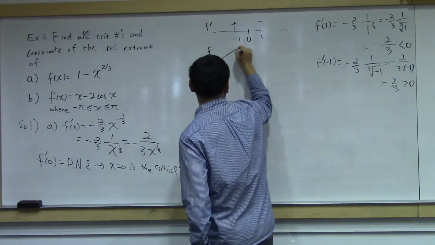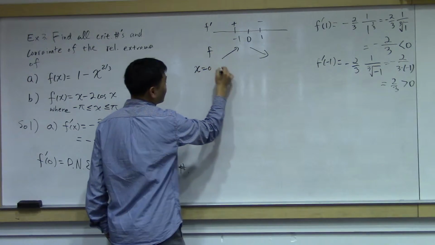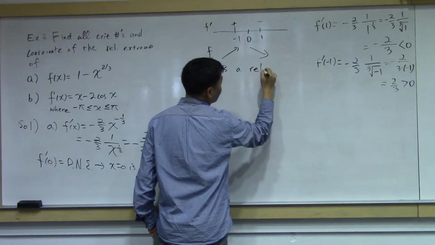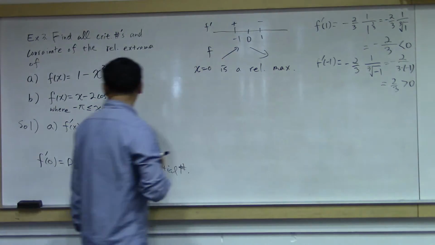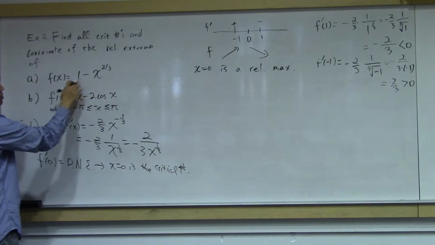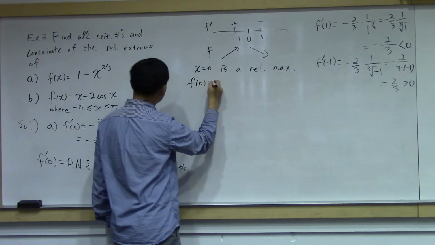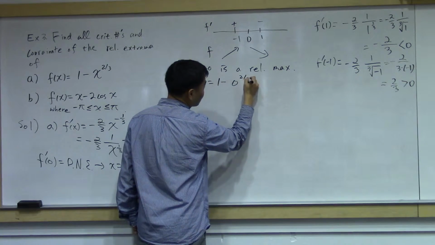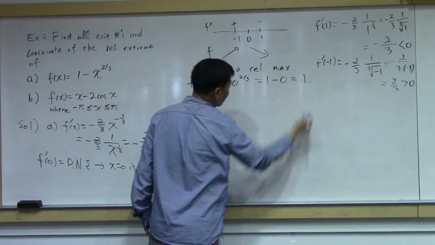That means f is increasing and then decreasing. Okay, so what is the x equal to 0? Relative maximum. And if you plug in 0 to the original function, what do you get? F of 0 is 1 minus 0 to the 2/3. 0 to any power is 0, so it's 1 minus 0, which is 1.